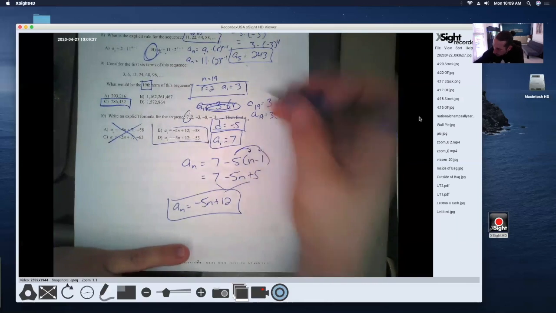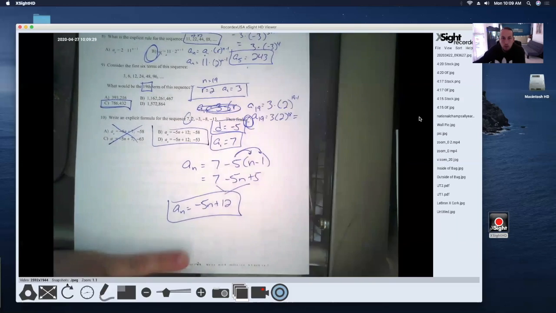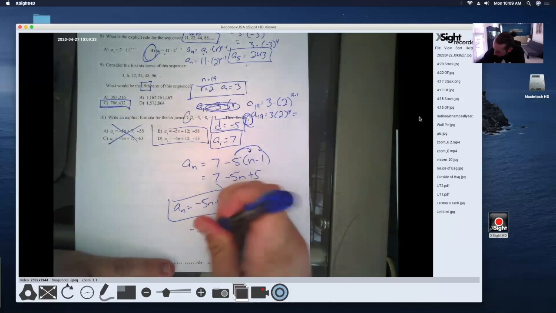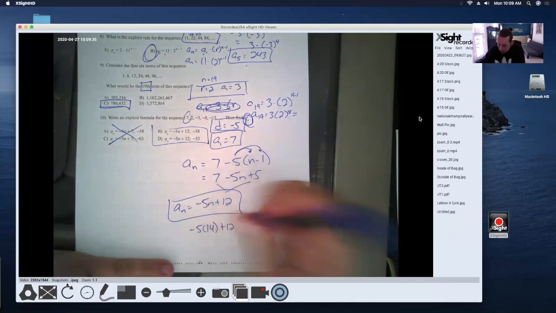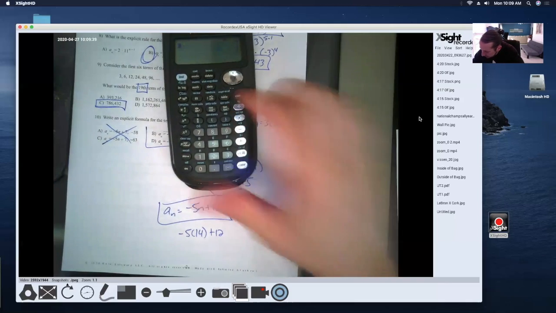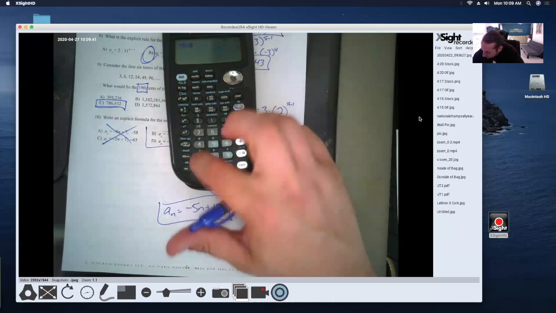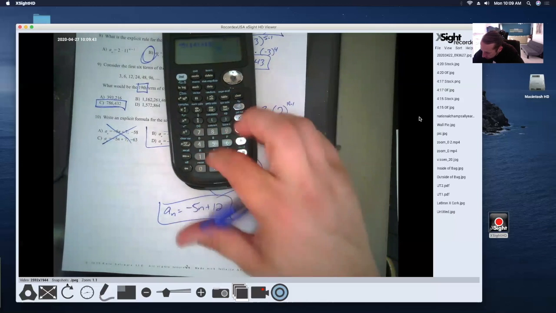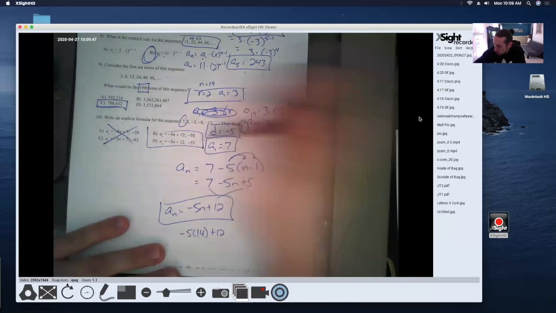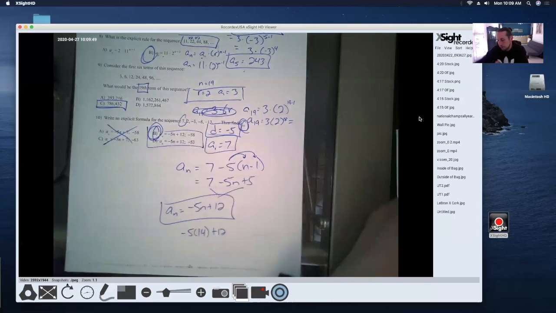It comes down to what is the 14th term. So I have to plug 14 in here. -5 times 14 plus 12. Again, just to make sure I don't make any mistakes, -5 parentheses 14 plus 12. Find out that it's -58, which gives us B.